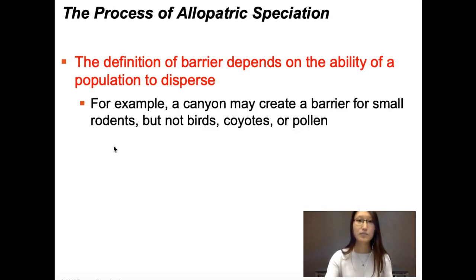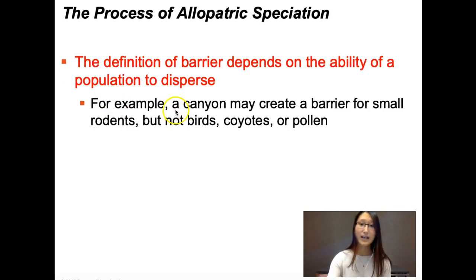So the definition of a barrier, when you think about a barrier, you can think of a mountain or a river, anything like that. But for different types of organisms, the barrier could be large or small, and it could be different types of barrier. A barrier for one type of organism that may lead to allopatric speciation might not be a problem for another type of organism.